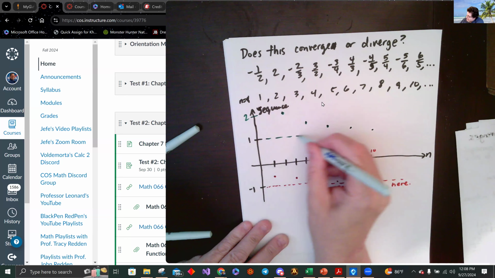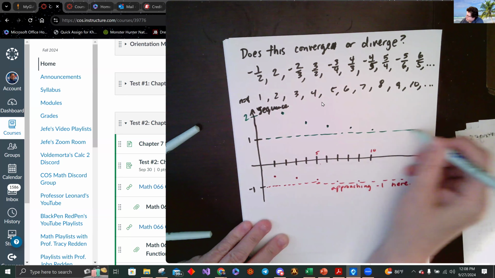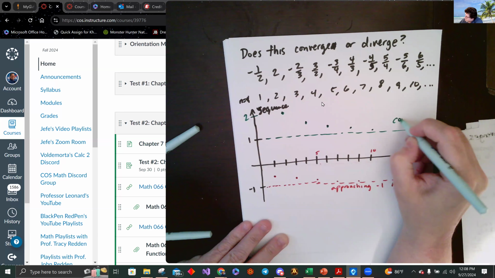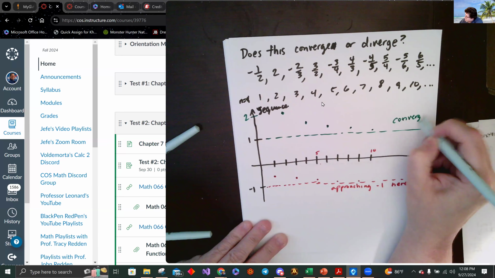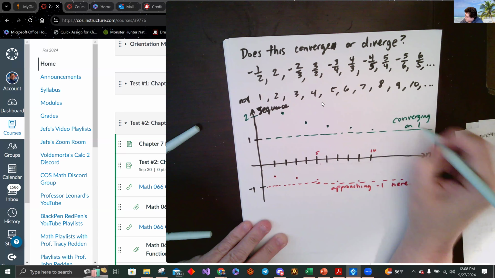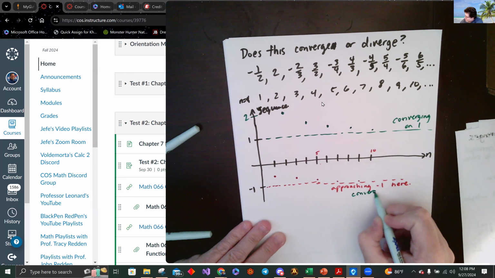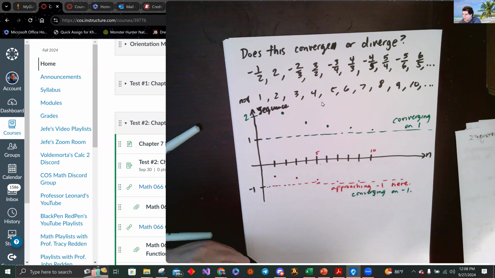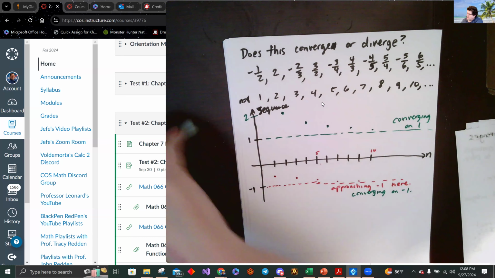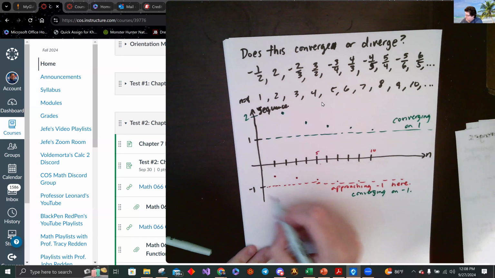This looks like it's converging on 1. So approaching is the same thing as converging. So this diverges. This sequence is divergent.